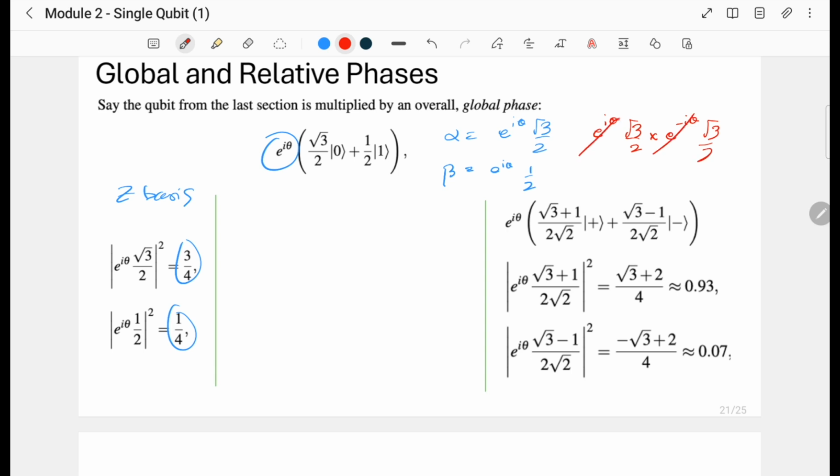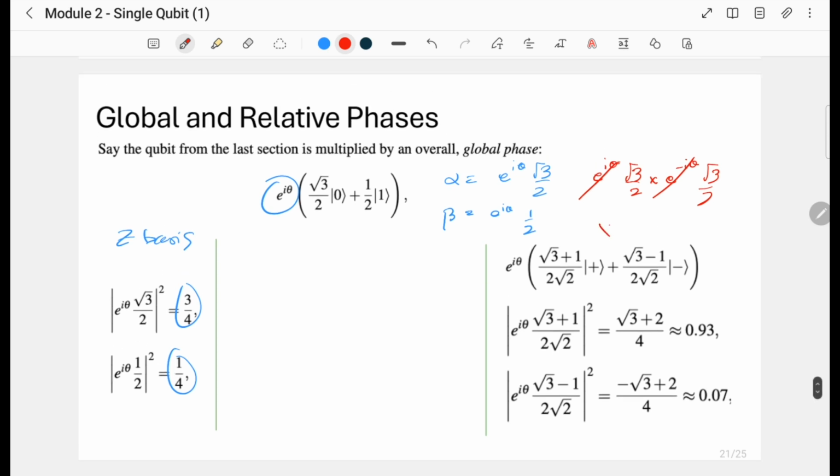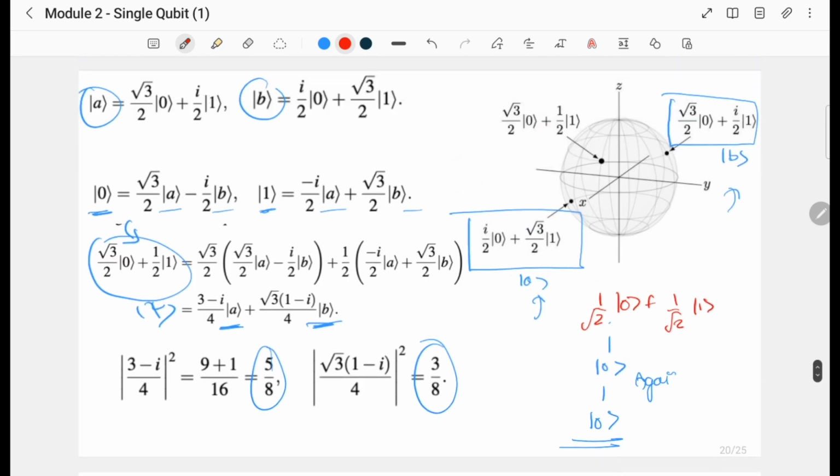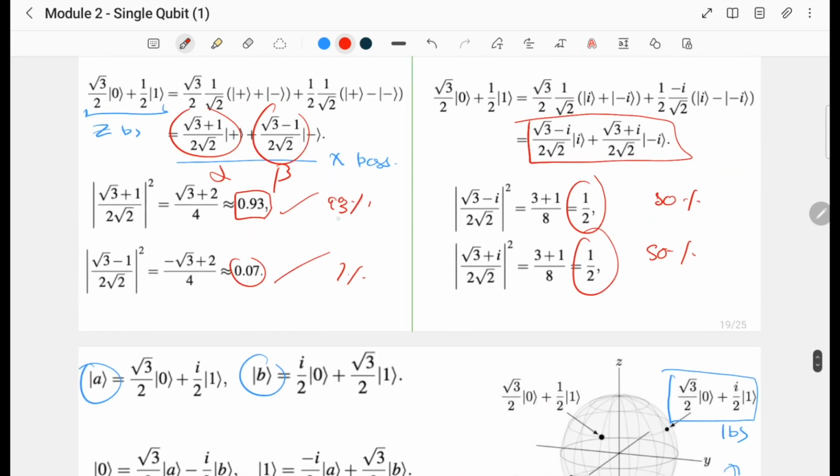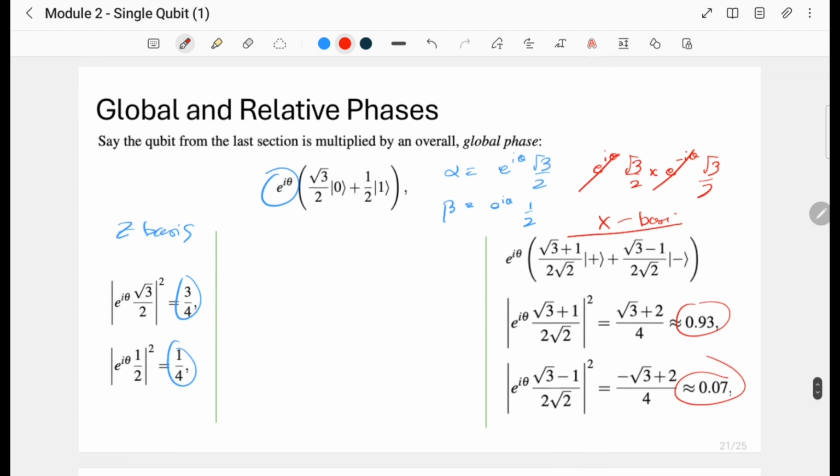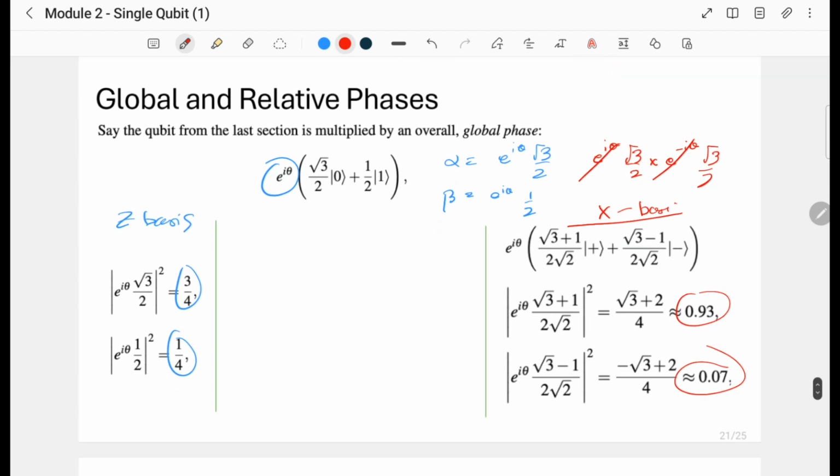This would just cancel out and we will get the same thing. Similarly, we tried to measure it in our x basis, and we again got the same results as last time. So this clearly doesn't do anything to the state. The global phase doesn't do anything.